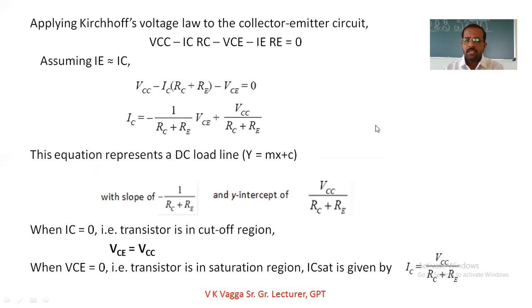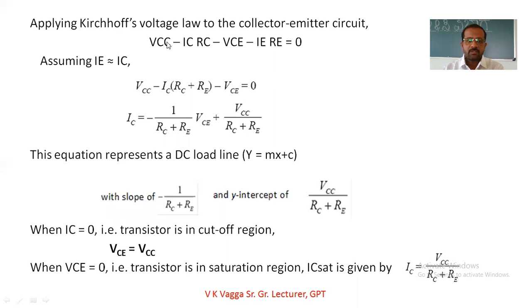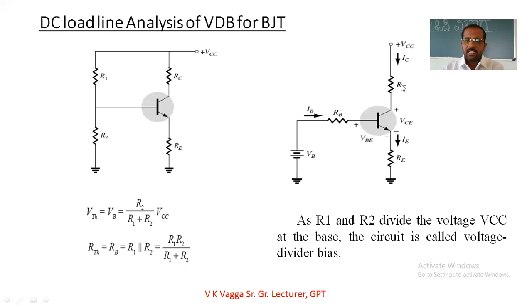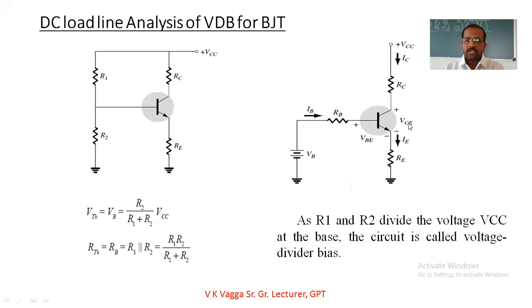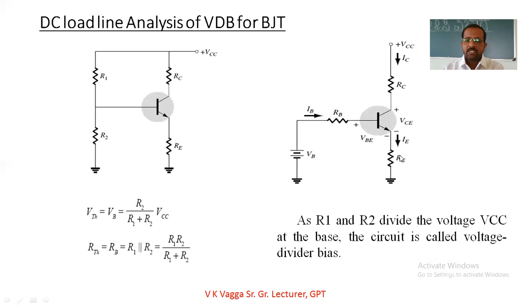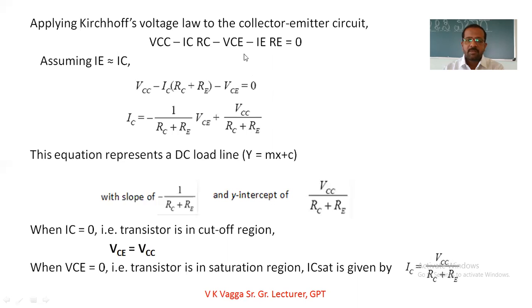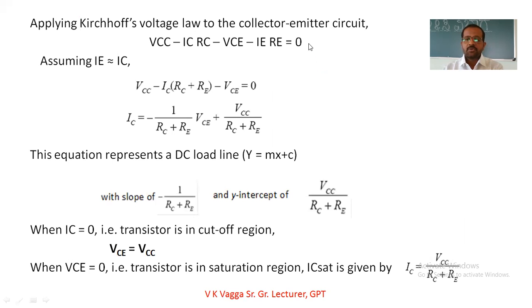Observe very carefully: this is VCC, minus ICRC, minus VCE, minus IERE, is equal to 0, as it is connected to the ground. Understood?